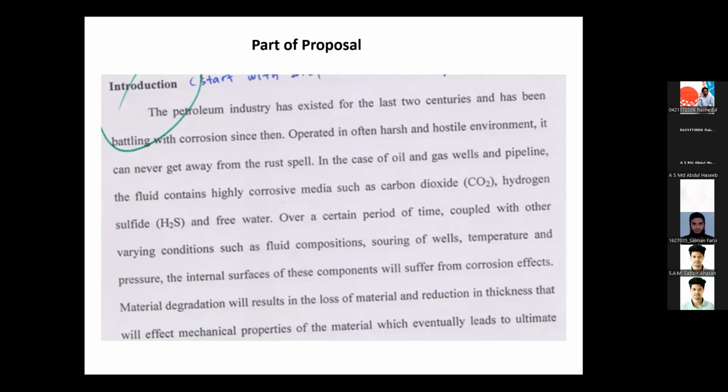And this is one part. After you finish it, I will go to the next section.